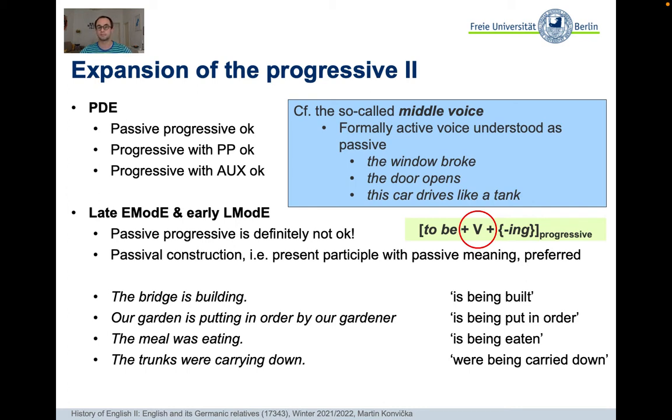This looks like an active sentence or active expression, but we know that it was not the window that did something, but there was someone else who did something to the window and the window broke. The same goes for constructions such as the door opens or the car drives like a tank, right? It's not that the car does something, someone else does something to the car, and so forth.